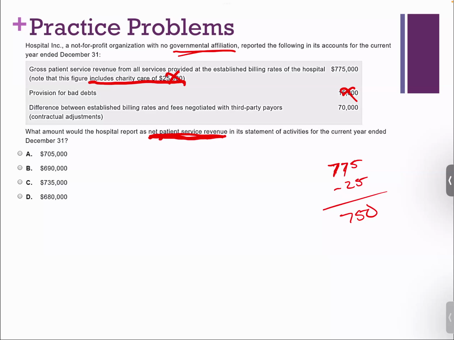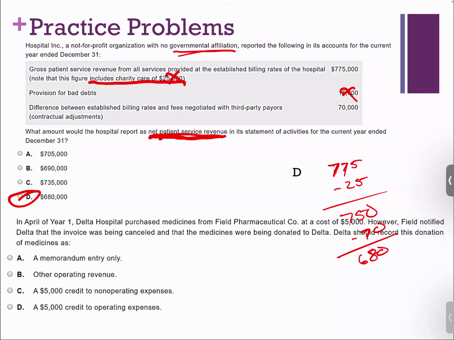So remember, we do subtract that off to get net patient service revenue. So 750 minus 70 gives us 680. We're not good at my math there. 680, but cool.